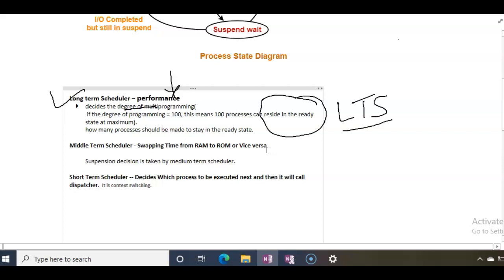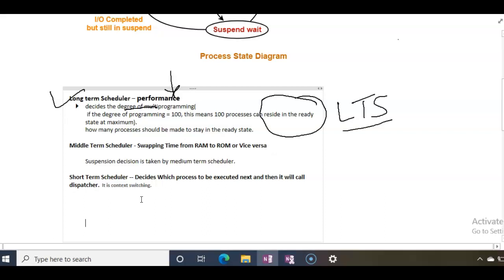As I mentioned, if it wants some virtual memory, it will go to the ROM. So from RAM to ROM or ROM to RAM, it means the process of initiating the suspension state, and when the virtual address process is completed, it will again go back to the ready state. The mid-term scheduler is responsible for that.